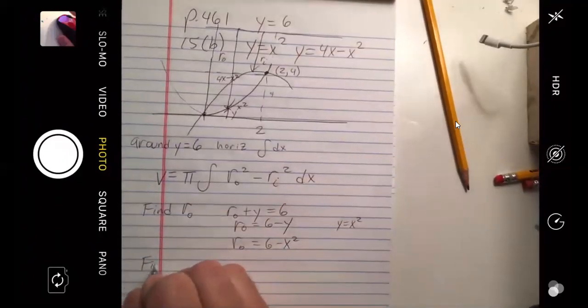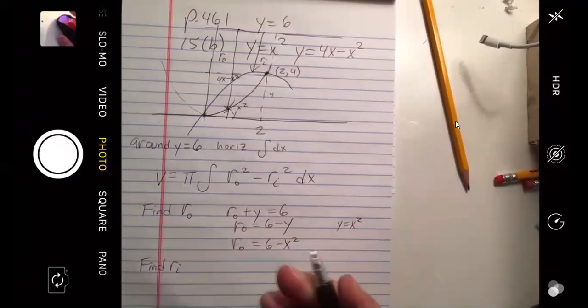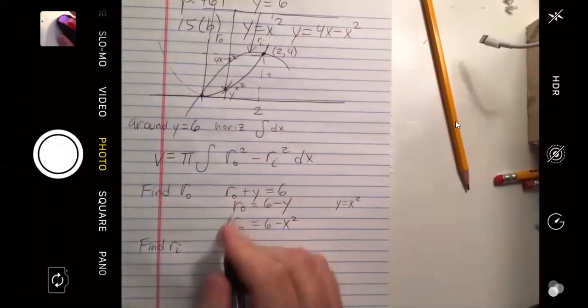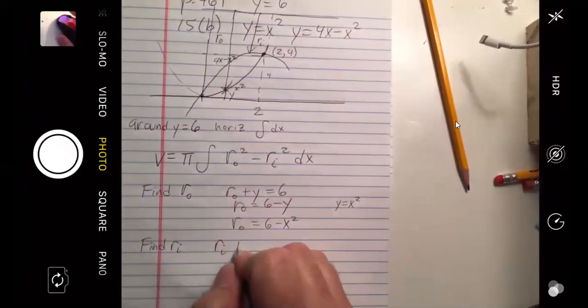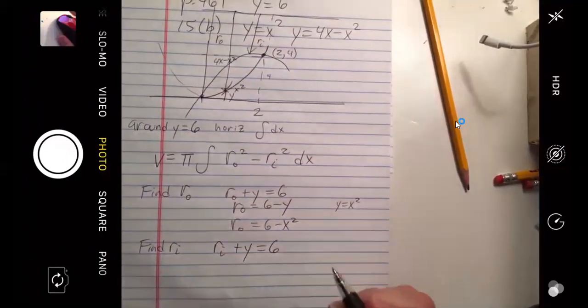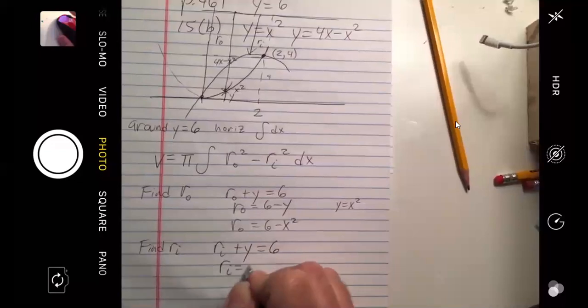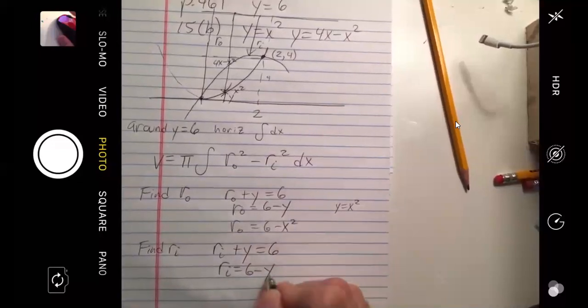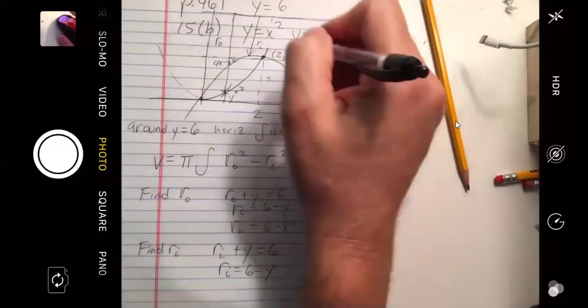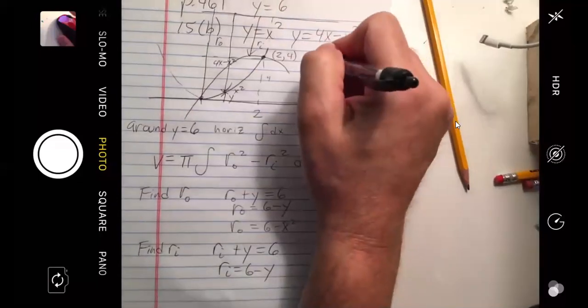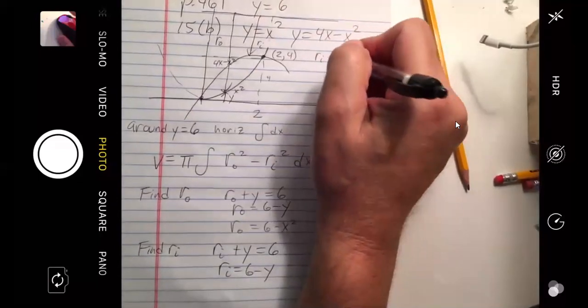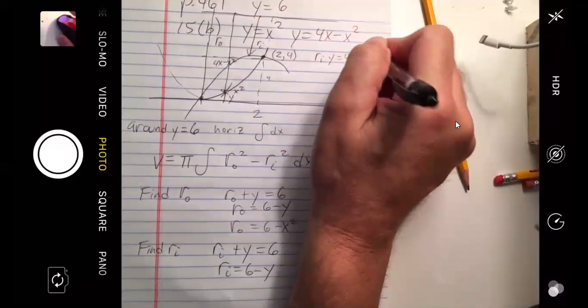Yeah. Find r inner. It's the same idea in the procedure. Your r inner add y will total 6. So r inner is 6 minus y, but it's a different y. On r inner, your y is 4x minus x squared.